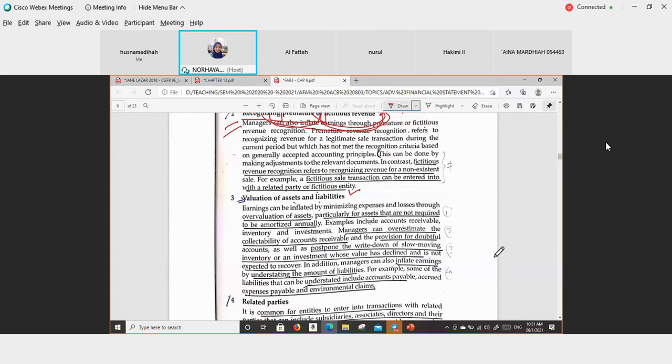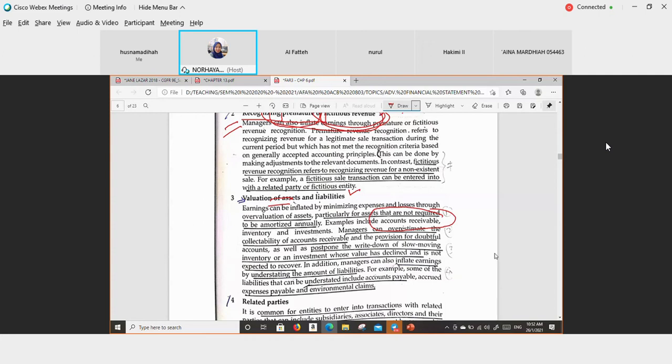So dia manage the earning through managing the valuation of asset. Contoh for example, let's say account receivable. Okay, so receivable, if let's say of this account receivable there are provision for doubtful debts.